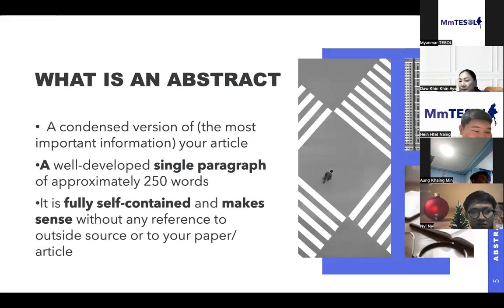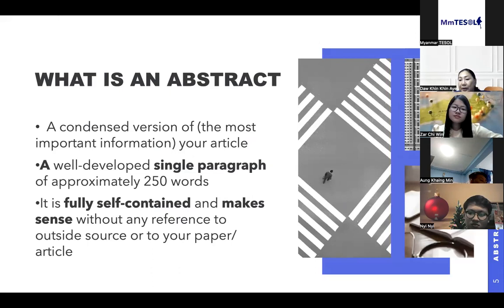Now, how is it? It's only one single paragraph. When some of you submit the abstract, you submit it in two paragraphs. No, it should be only one single, well-developed paragraph of approximately 250 words. That is the general one; it depends on, let's say, any kind of international conference, which may have different word limits.